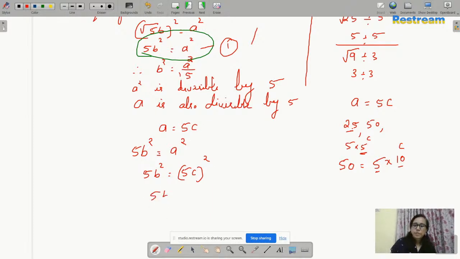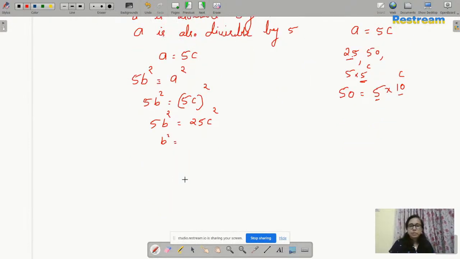So 5b square is equal to 25c square. 5c whole square is 25c square. Therefore, b square is equal to 25c square upon 5.